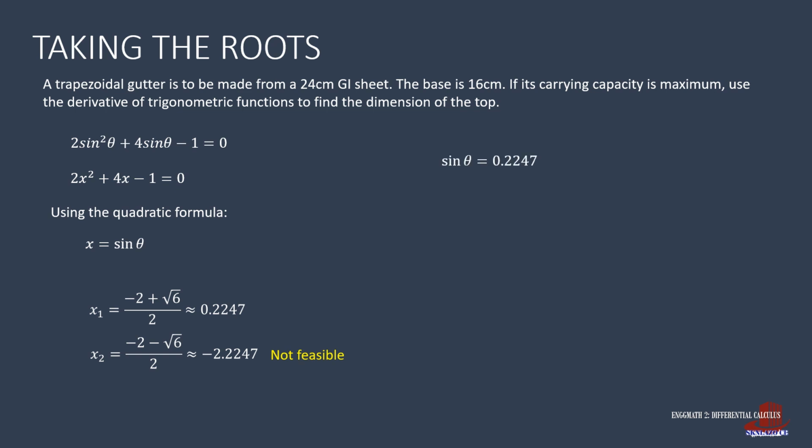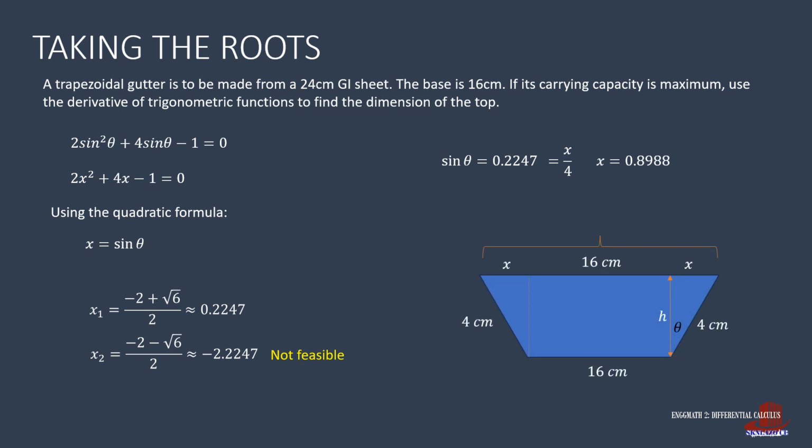Adopting sine theta as 0.2247, its sine is x over 4, giving out x as 0.8988. This is the width of the triangles in the trapezoidal area. So the top width is solved as 16 plus twice of x, which then is 17.7976 centimeters.